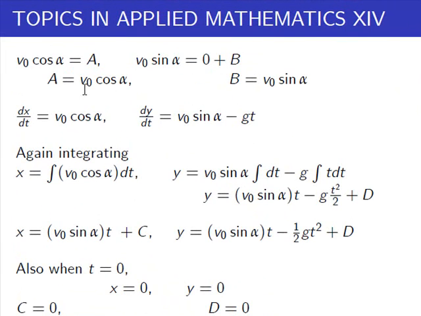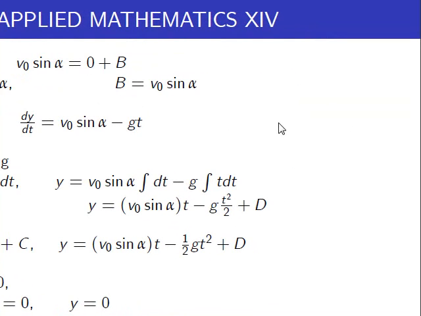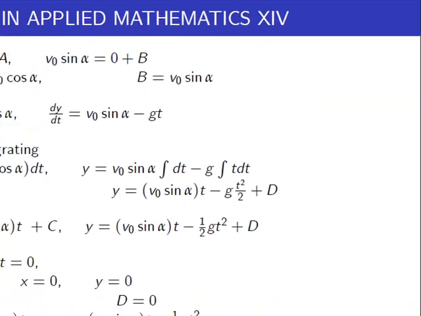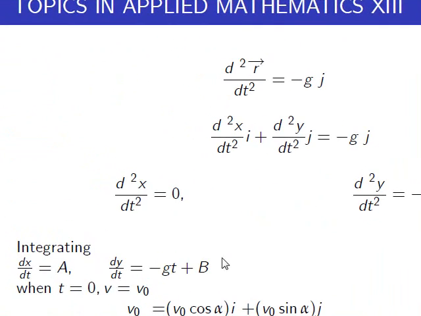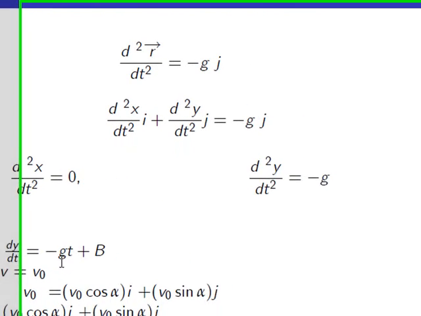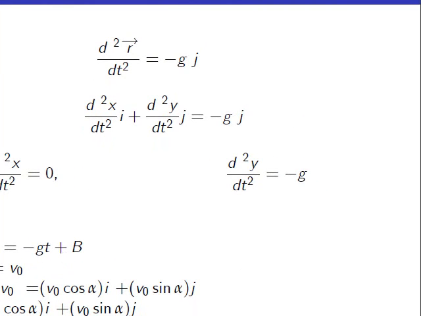So a is equal to v naught cos alpha and b is equal to v naught sin alpha, and we put the values of a and b here. Then dx over dt is equal to v naught cos alpha, and dy over dt is equal to minus gt plus v naught sin alpha.